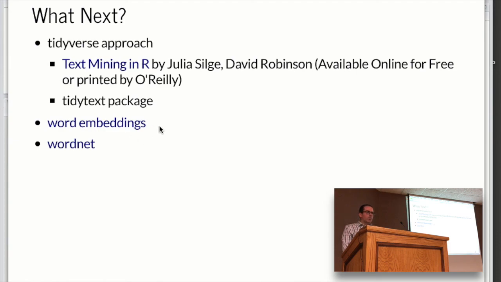For those interested, word embeddings can be an interesting thing to look at. If you're not familiar, this is things like Google's Word2Vec. This is where you actually get into the differences between words having meaning. The standard example that Word2Vec gives is king minus man equals queen.